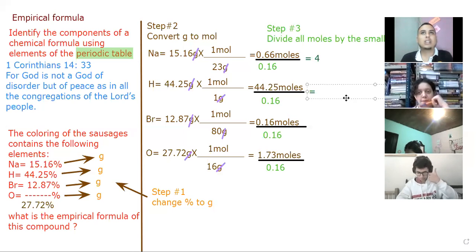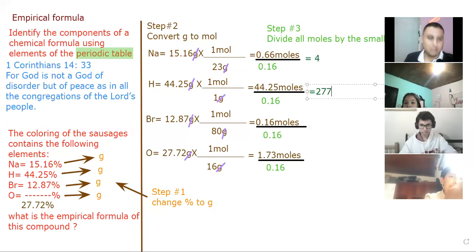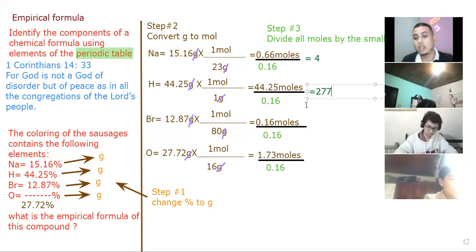276. Are you sure that that is your whole number? Yes. 277. 277, because the answer that you obtained there was 276.56. That means that you can round until the whole number there, and the whole number is 277.